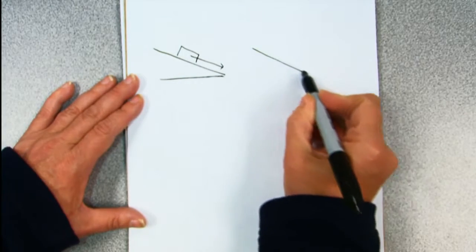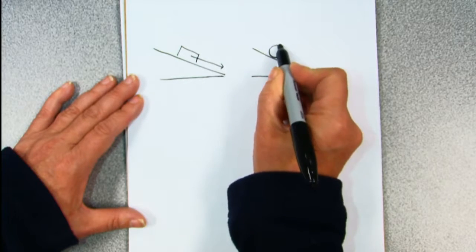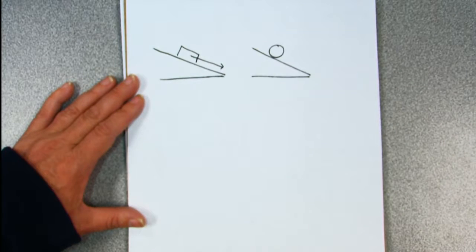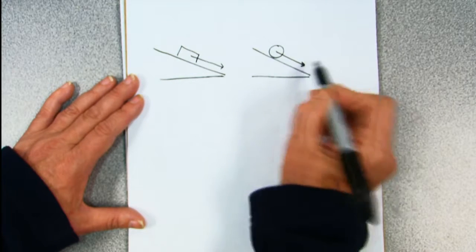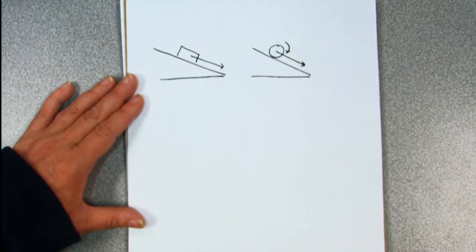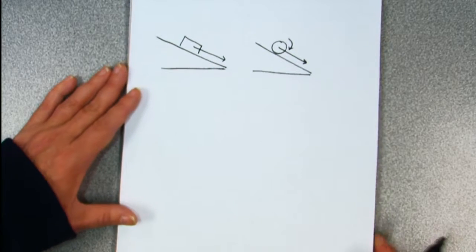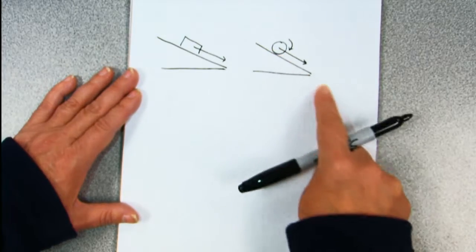But what happens when we have a ball, a can, a cylinder, a hoop? Not only do we have motion going this way, but my object can be rolling. So we can have both rolling motion and translational motion.